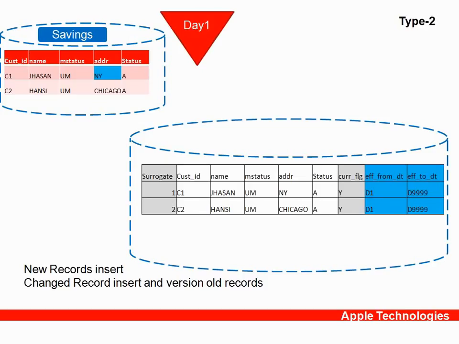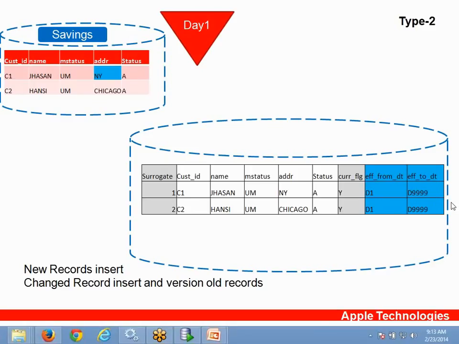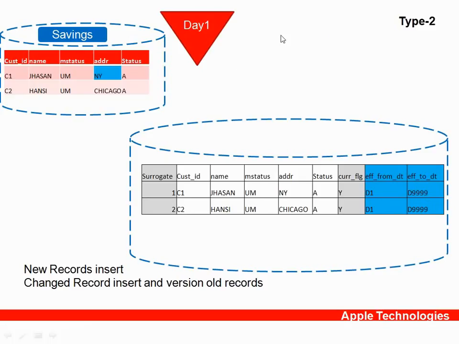So whenever you are building a type 2 load into a dimension table, take the data from here, and along with the data you take and put here, you generate surrogate keys.